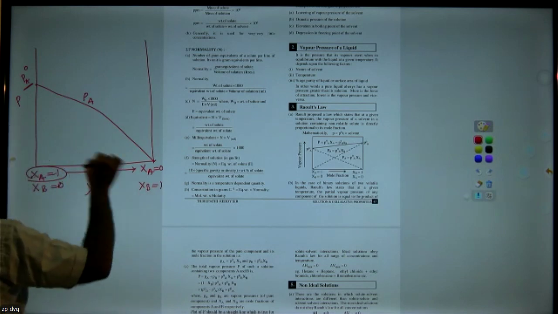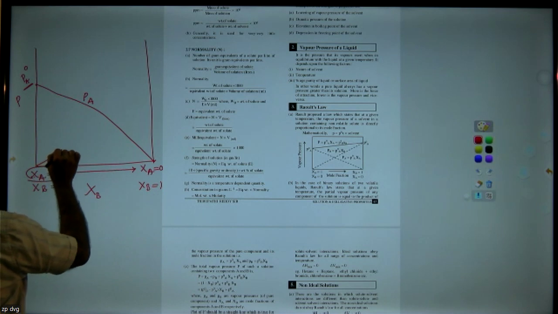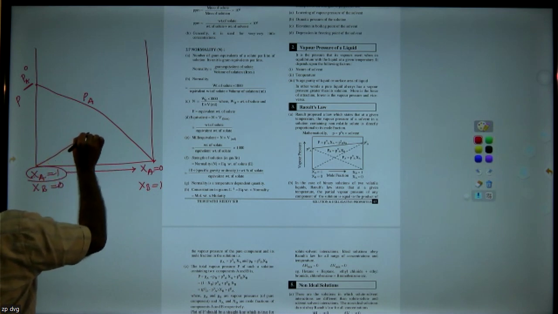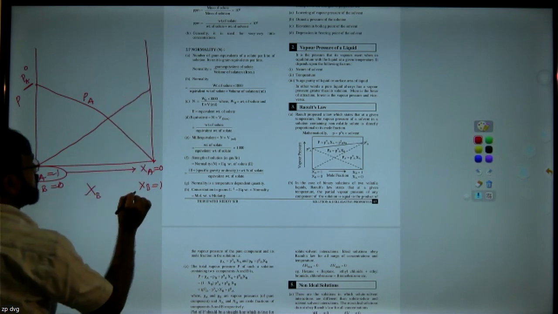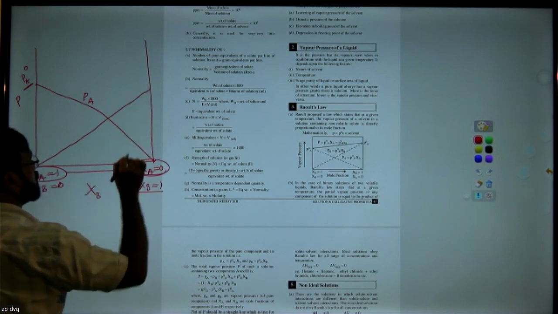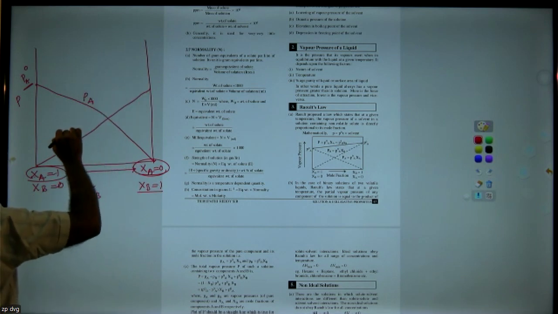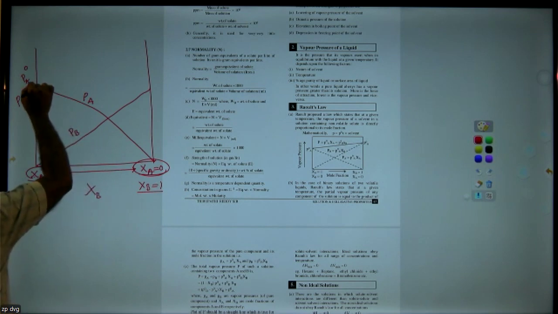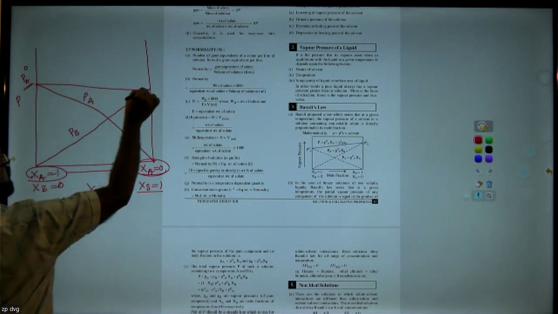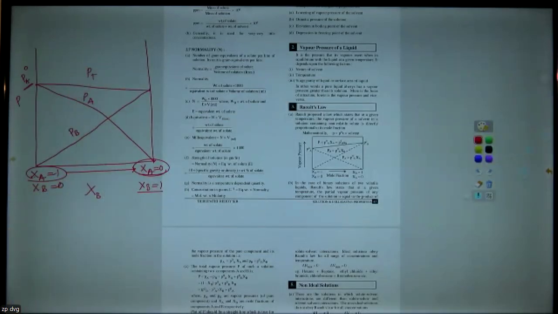So whenever the mole fraction of the first component is decreasing and the second component is increasing, how will we get the graph? Like this. This is the vapor pressure of the B component, the second component, and this indicates the total pressure PT.